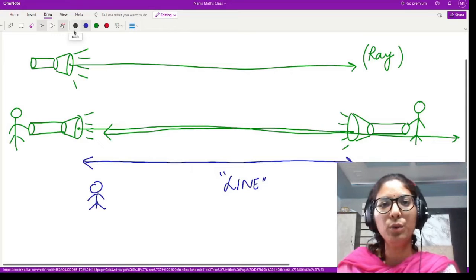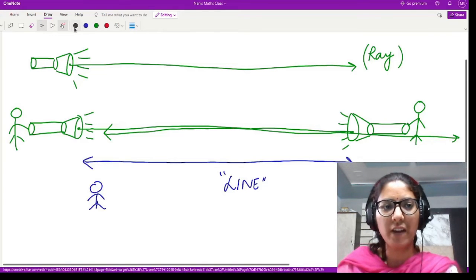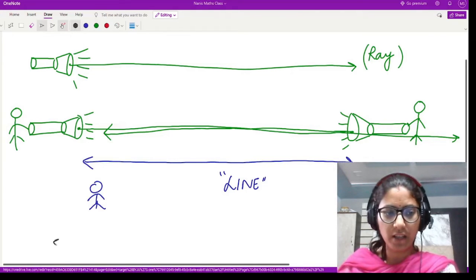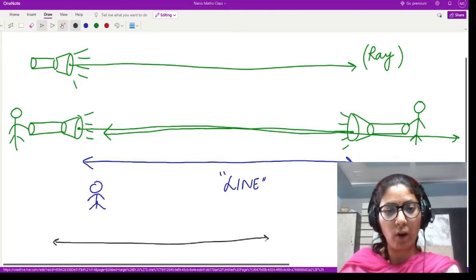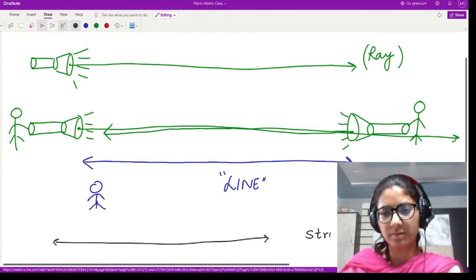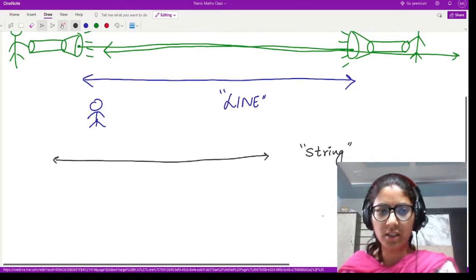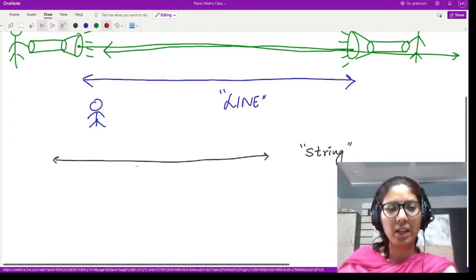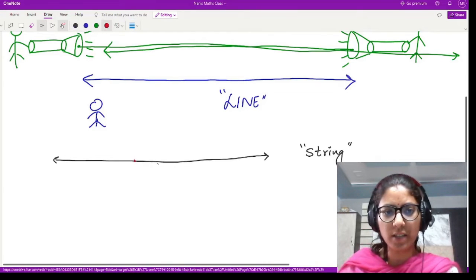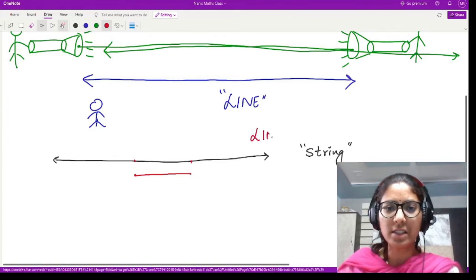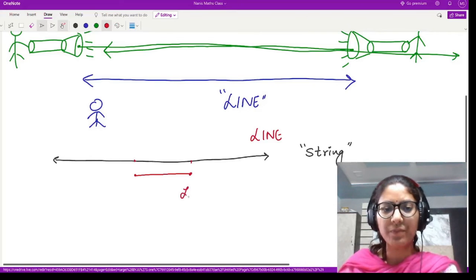Now suppose we have an infinite string. Obviously we do not have an infinite string. Suppose we have some string which is quite long, the usual string we use for stitching clothes. Now if I cut some portion of the string from here and here, I have a small portion of this line. The whole of this is known as a line, and if I take a small portion of it, this would be known as a line segment.